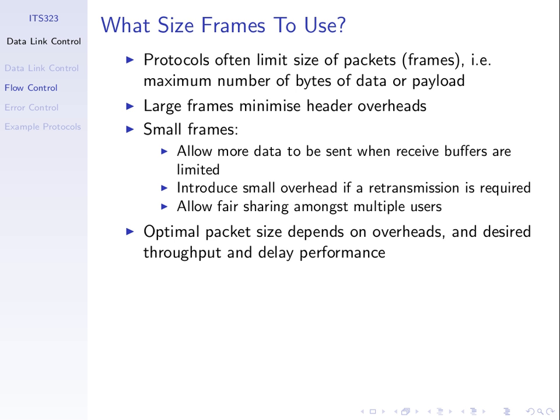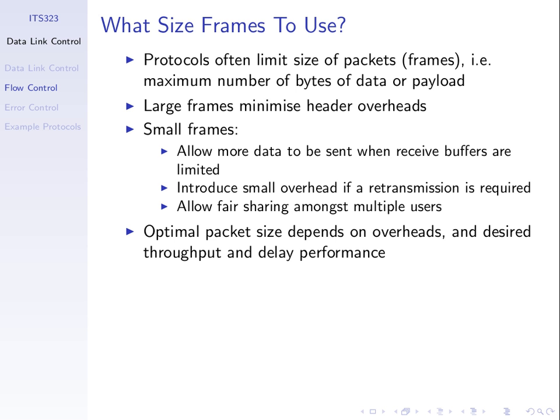If there are no errors, focusing on the blue one, let's say the header is a fixed size in all of them, it's 10 bytes. So here we send 10,000 plus 10. Here we send 1,000, 1,000, and each header is 10 bytes. So we send more header in this case. With smaller frames, the larger the header relative to the data.